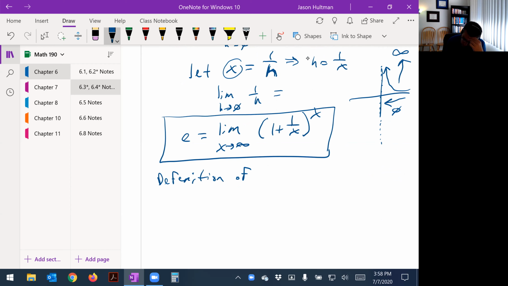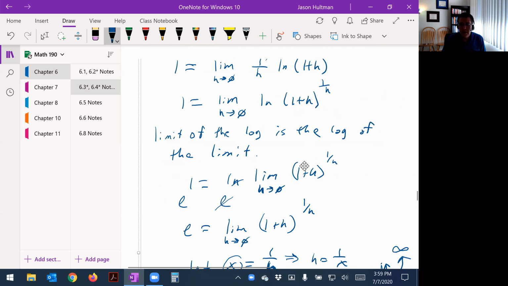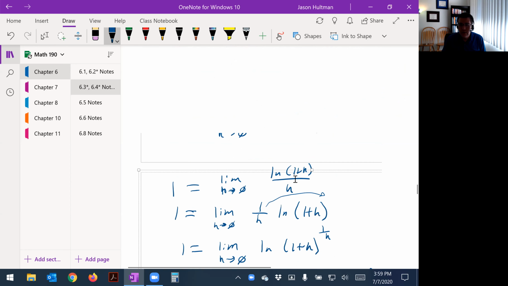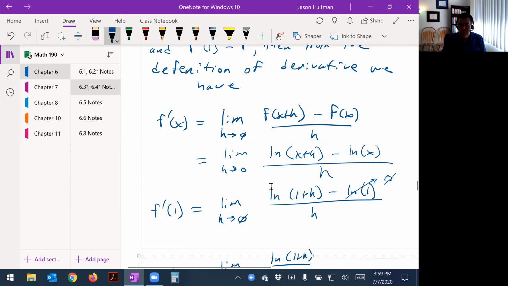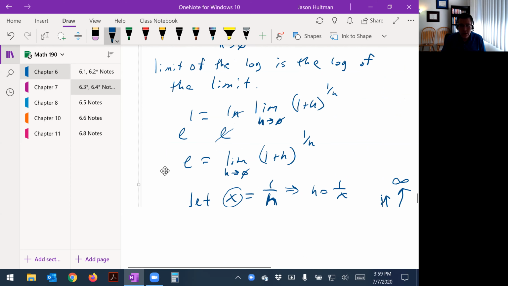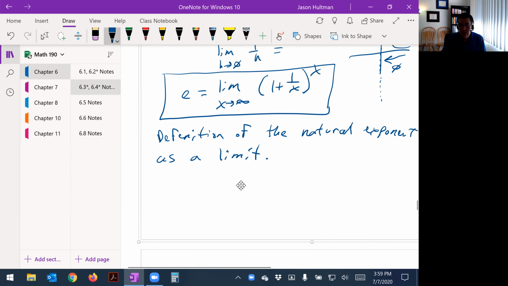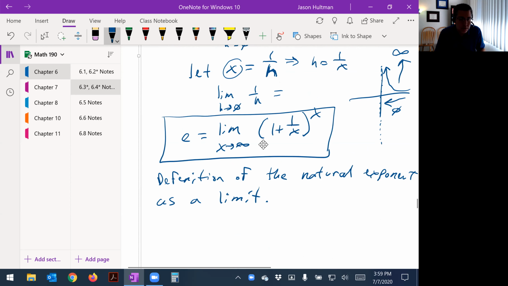Does that make sense what I did here? It should hold mathematically. I'm using the definition of the derivative to give me the natural exponent as a function of a limit.